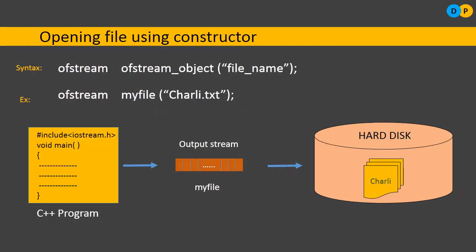Now let us understand how to open a file using a constructor. Here, as you can notice, within the hard disk we have opened a file by the name Charlie. In order to open it, we have used the concept of a constructor. So what is the syntax? First, for a particular stream, we will be creating one object. In order to write contents onto the file, we will be using ofstream.